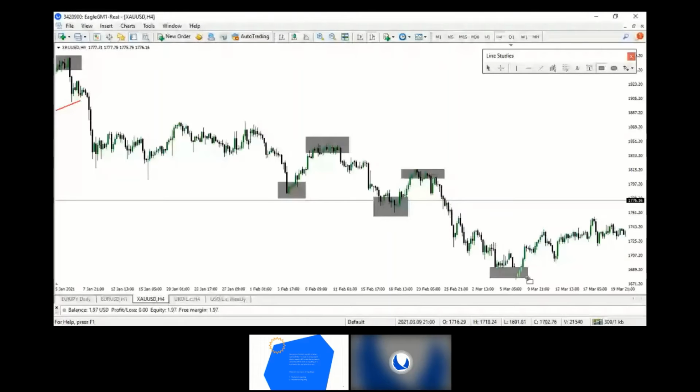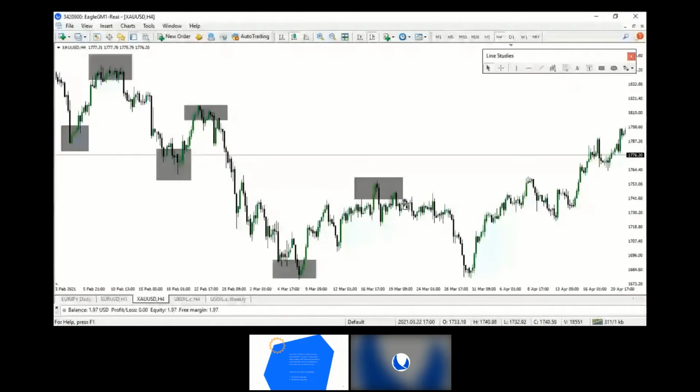So they are just turning points in price. That's what swing highs and swing lows are, and that's just the idea behind them. Now let's go to the slide.